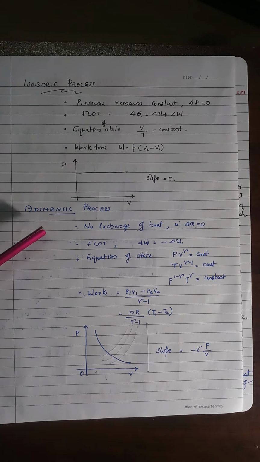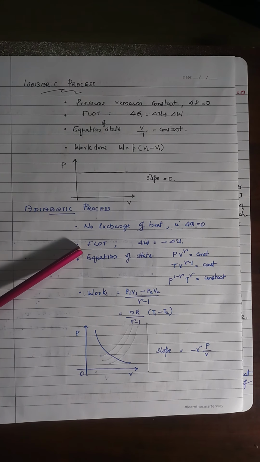Look at the adiabatic process, a very important concept for our entrance exam. You know that there is no exchange of heat, so delta Q should be equal to 0. Then for the first law of thermodynamics, we can write delta W should equal minus delta U. Reason? Delta Q is equal to 0.